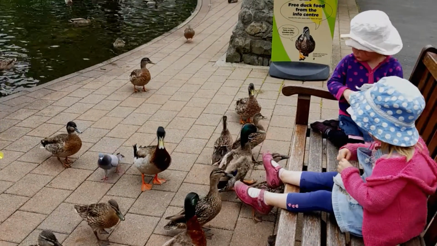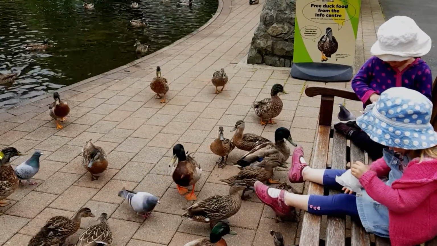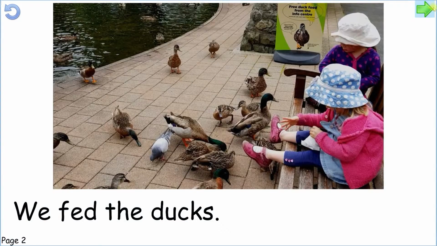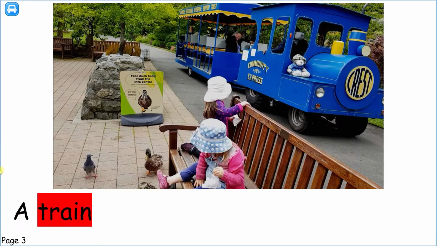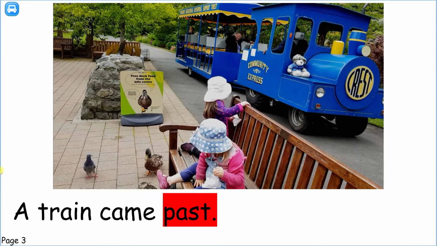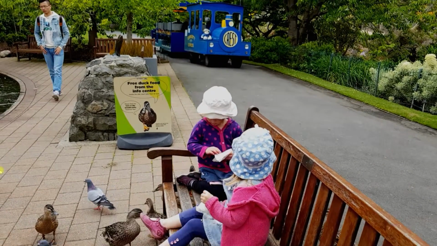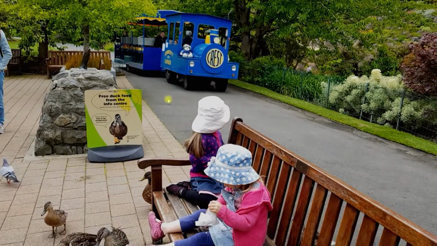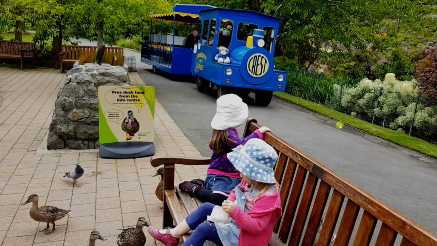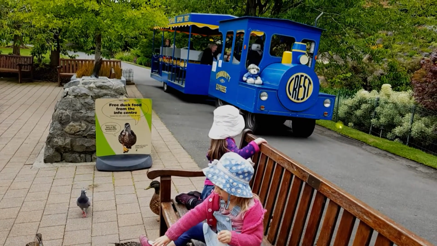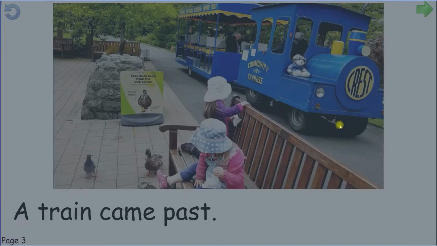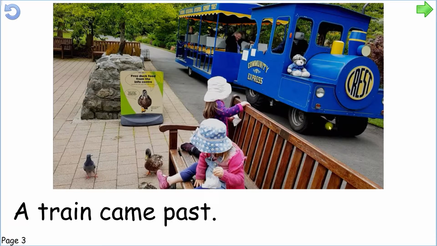Then we got some duck food to feed the ducks. And let's go to the last page. A train came past. And the train came past. We'll go to the end of the book.